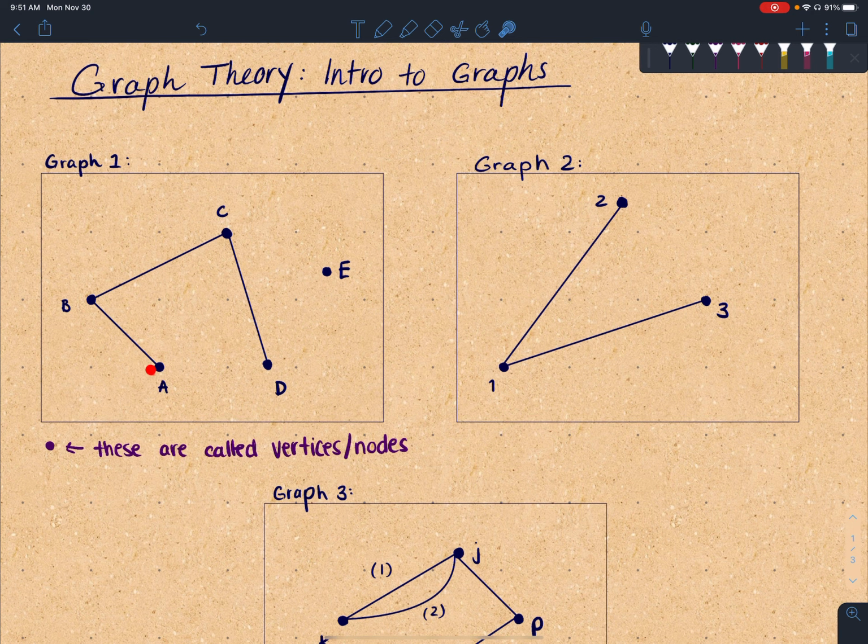So these are all vertices, and they're connected by what we call edges. So here an example would be, edges are AB, and you can write that as AB or BA.